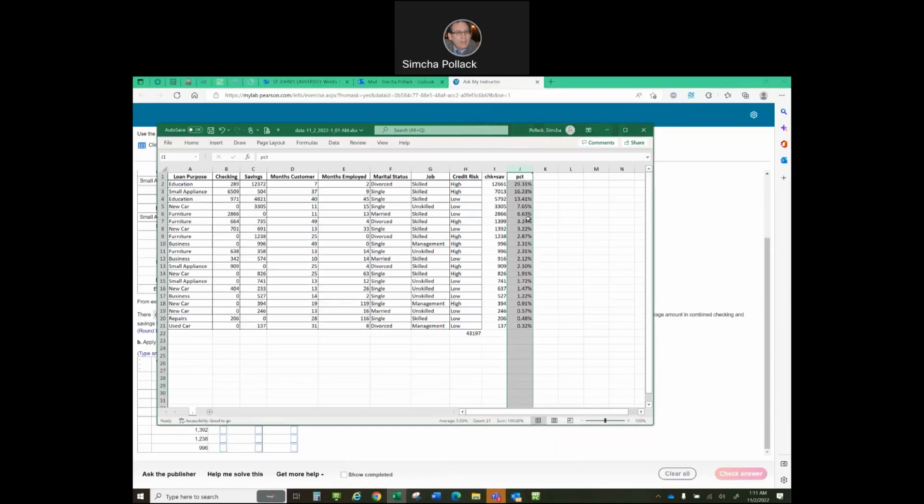Now we have percentages. Now the cumulative percentage, which is the next column, basically says, well, this person has 29.3. It's equal to J2, 29.3.